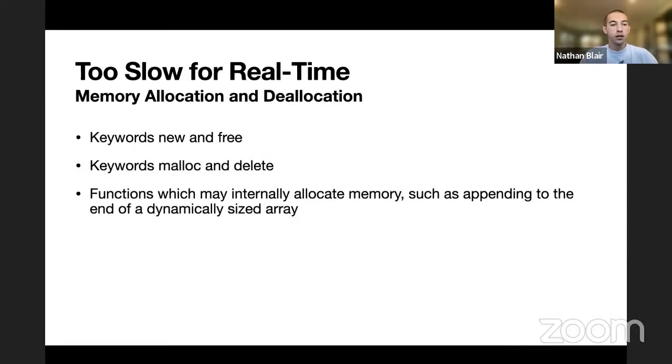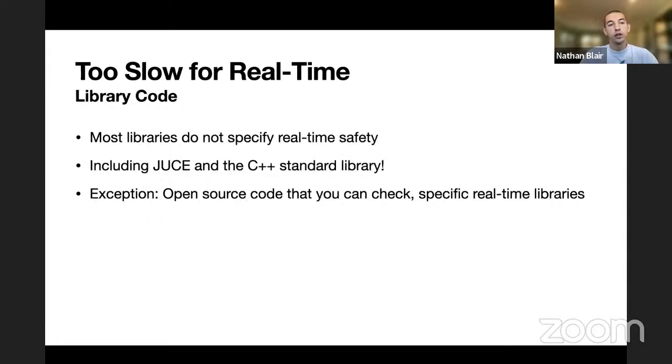In particular, with allocation and deallocation, you got to really watch out for functions that internally allocate memory. So dynamically sized arrays, and maybe map dictionary type data structures and third-party libraries. With third-party libraries, we don't necessarily know if the code they're writing is real-time safe.